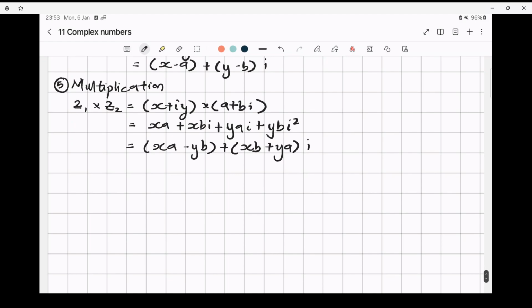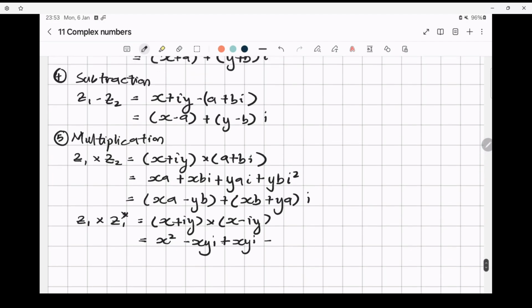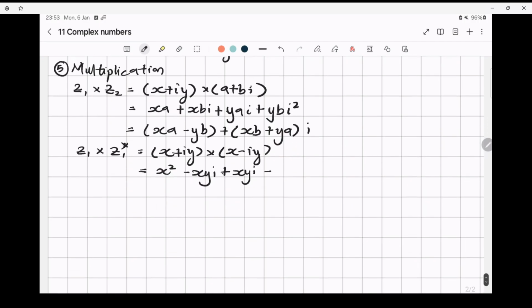So now let's look at the previous example. For example, z1 multiplied with z1 conjugate. What do you get? So you have x plus iy multiplied with x minus iy. After the multiplication, you will have x squared minus xyi plus xyi minus y squared i squared. i squared equals to minus 1.